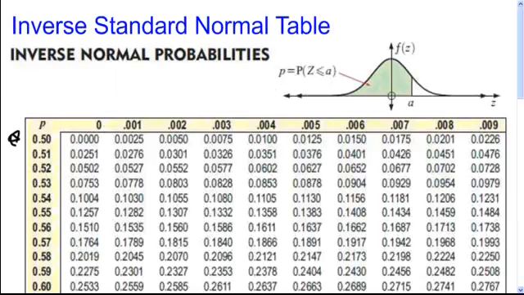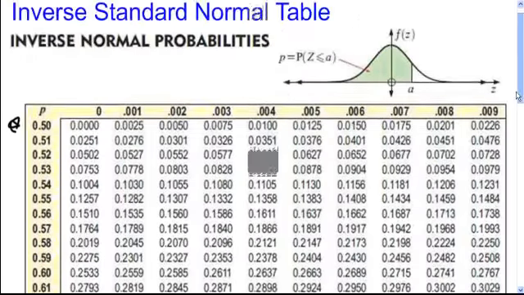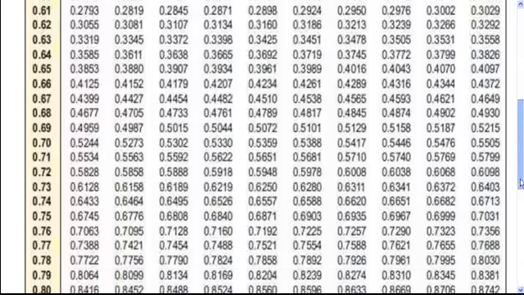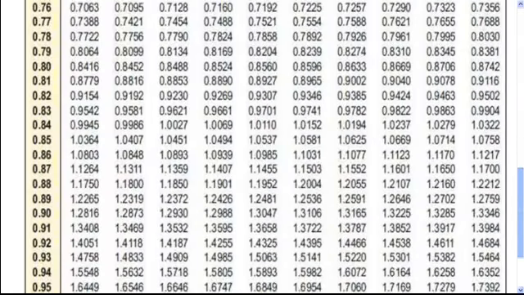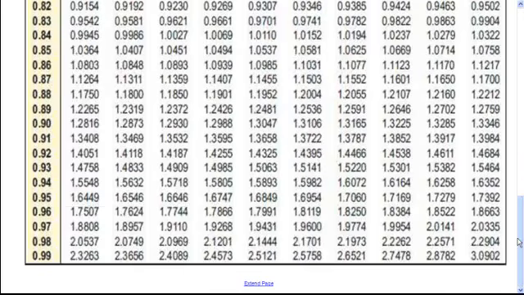So going into my table, I look at my percent, 0.950, and the z value is 1.6449. So that's the z value when my probability is 95%.